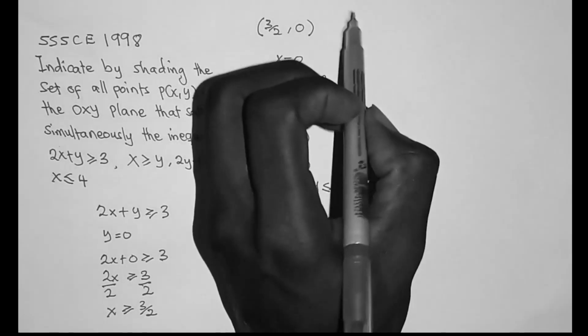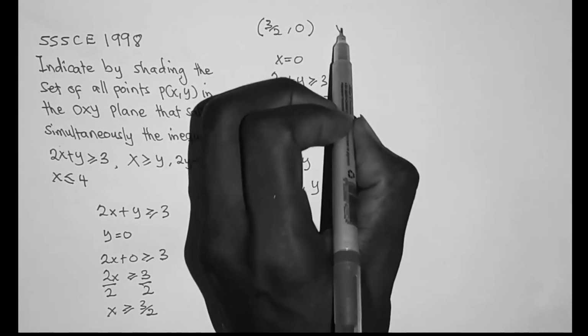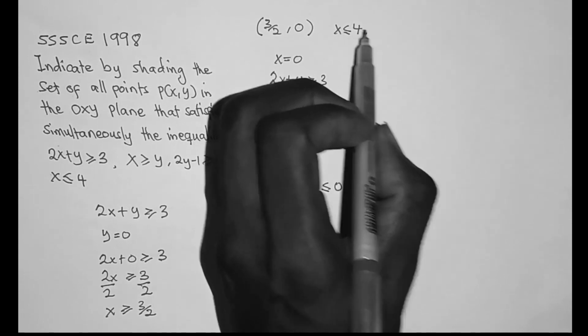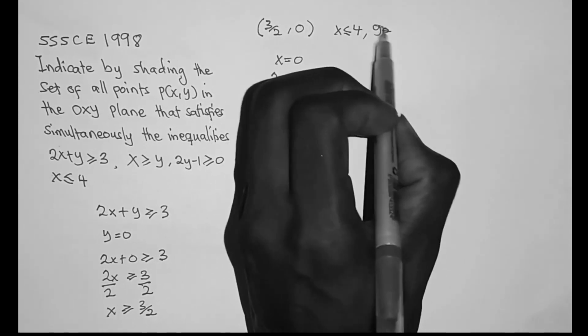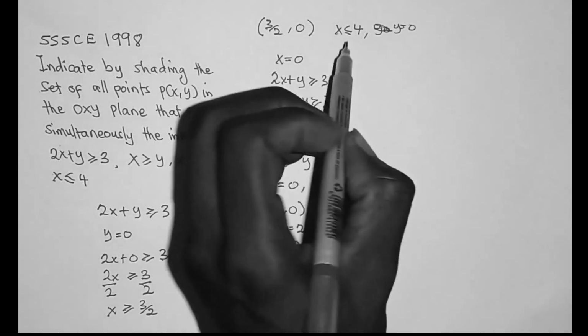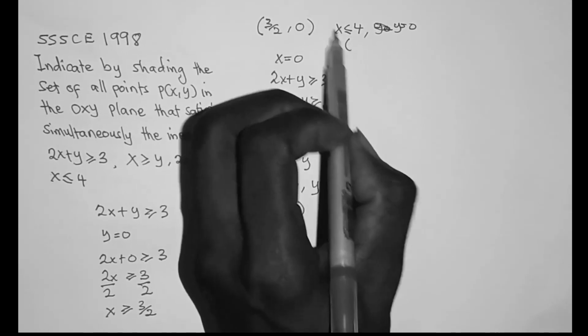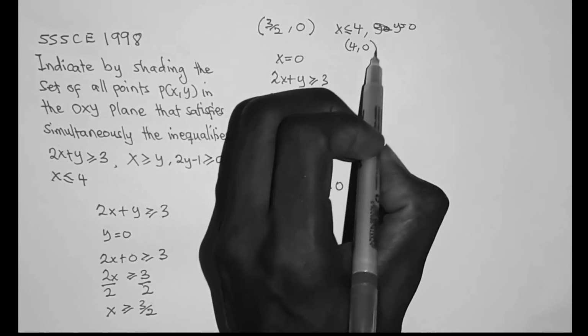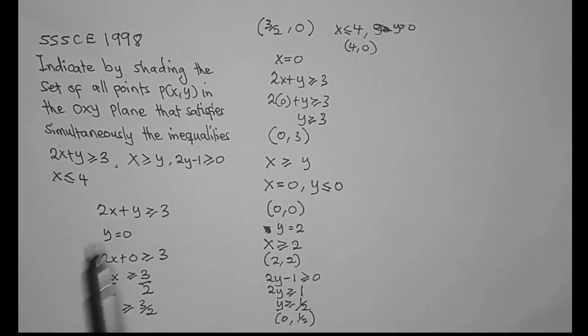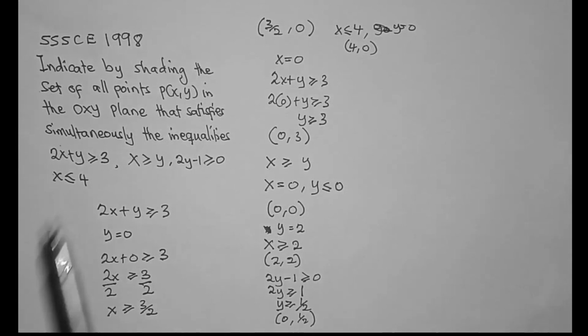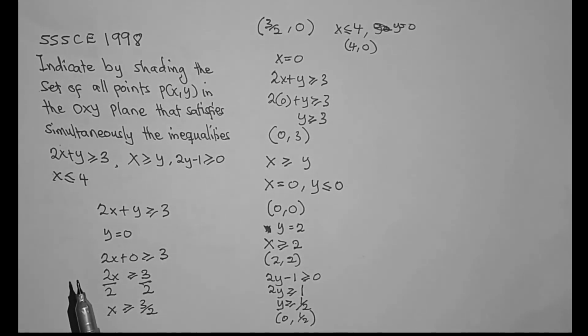At this point, y is equal to 0. So we have the coordinate 4 and 0 also on this line. Having found the various coordinates, we shall then go ahead to sketch the graph.